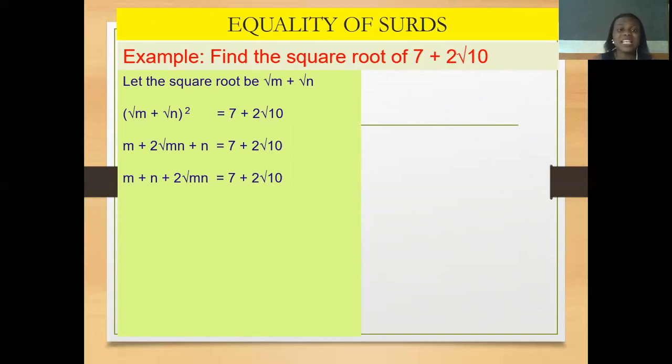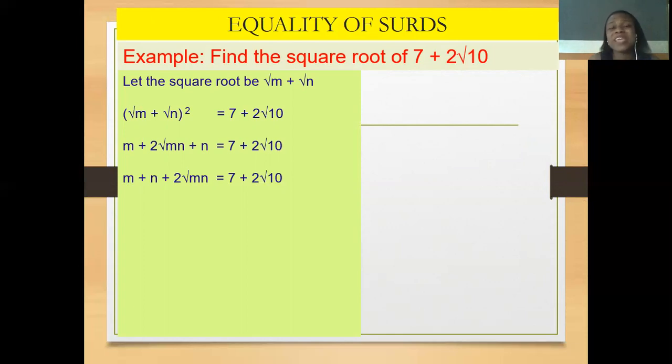These first three steps are very important. Now, the next thing you're going to do is, like we've said, for two surds to be equal, the rational portion of the first surd must be equal to the rational part of the second surd, and the irrational portion of the first surd must be equal to the irrational portion of the second surd.